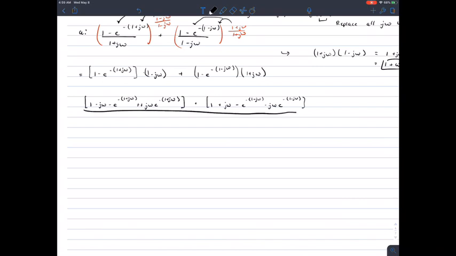Okay, and then all divided by our common denominator of 1 plus omega squared. Alright, and I know that you can see it because I can already see it. Some of these are going to group to make cosines and sines.